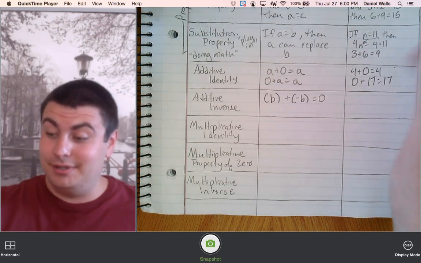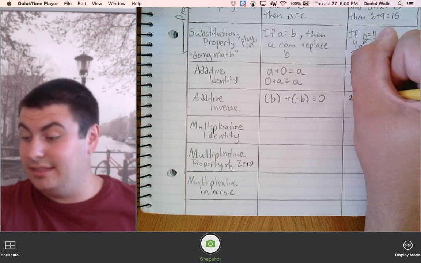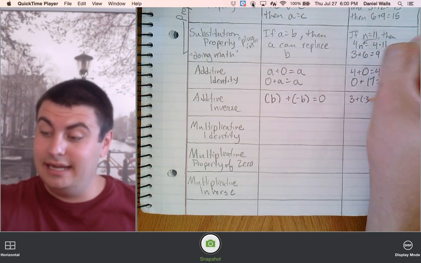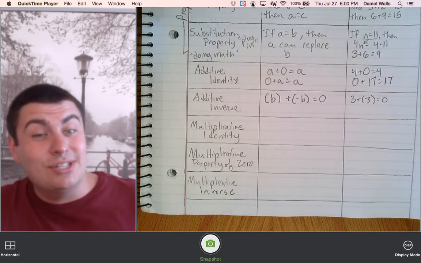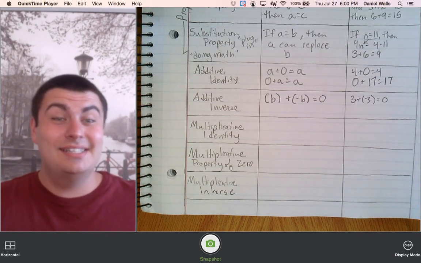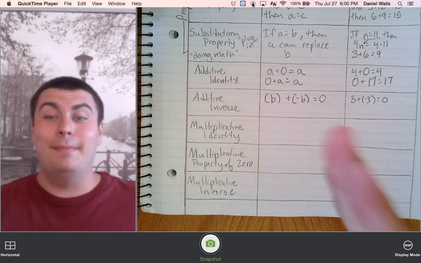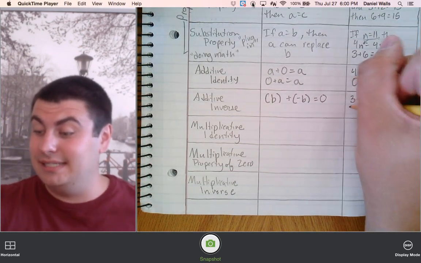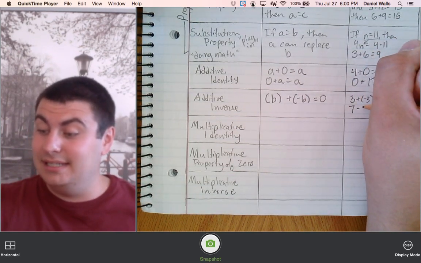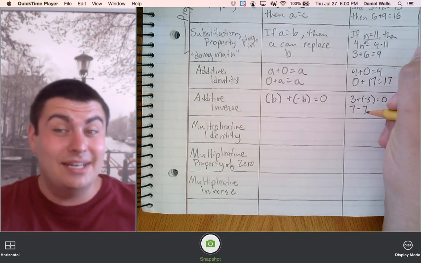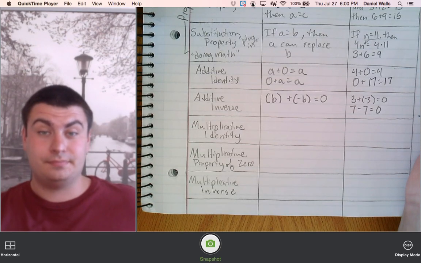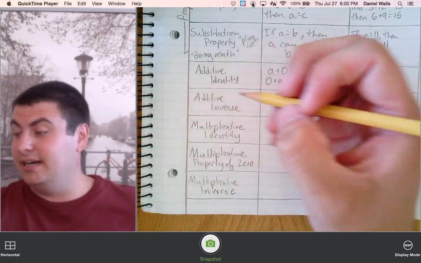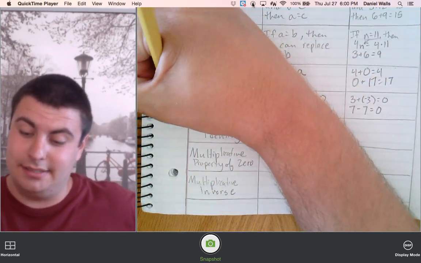So for example, let's say 3 plus negative 3 is equal to 0. We could also think of this kind of as subtraction. Subtracting one number minus itself equals 0. So we could say 7 minus 7, which is really 7 plus negative 7, is equal to 0. And these two are addition properties.